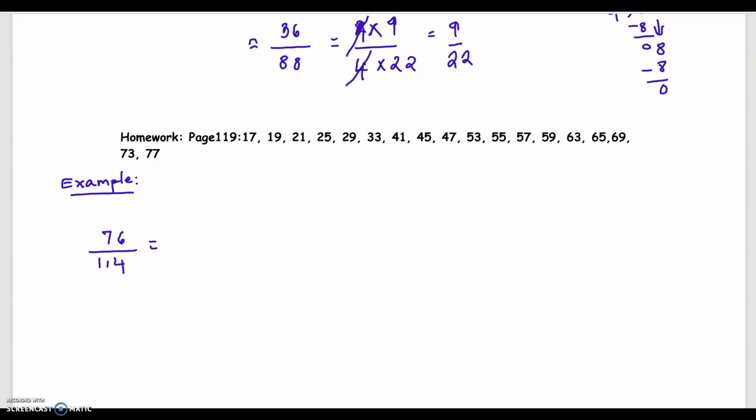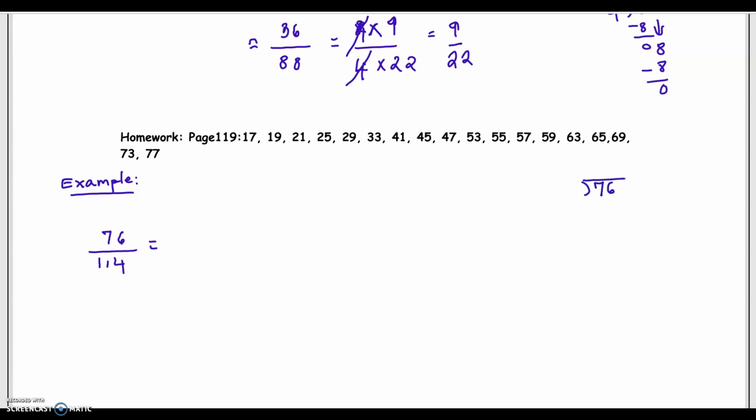Now let's look at a quick example. Let's say we have 76 over 114. Now we know that 2 is a common factor, but maybe there's more than just 2 as a common factor. So let's see what goes into 76. 76 is an even number.